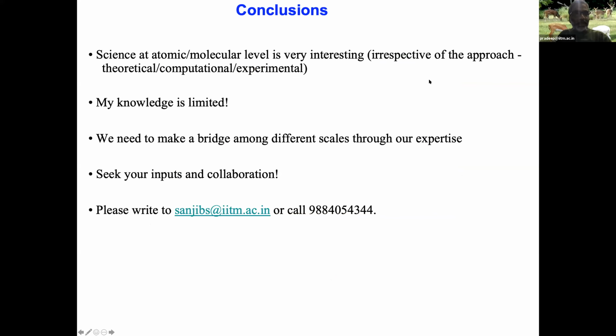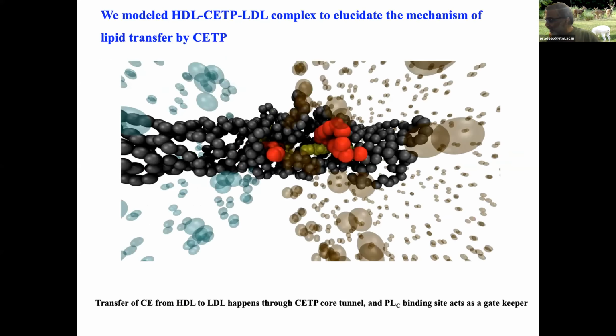Sanjeev, very nice. We have just about 4 or 5 minutes for questions. Let me start by asking one or two questions and then leave the floor for others. You touched upon in the very first case, you were talking about water, ionic liquid, linear chains.